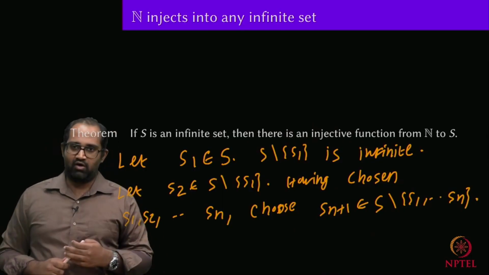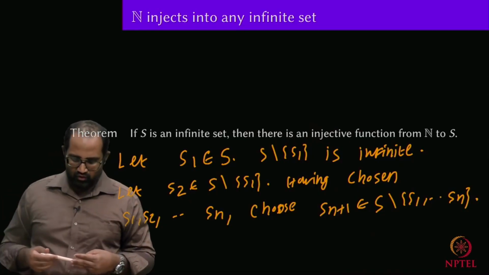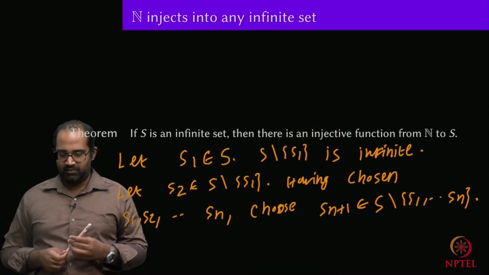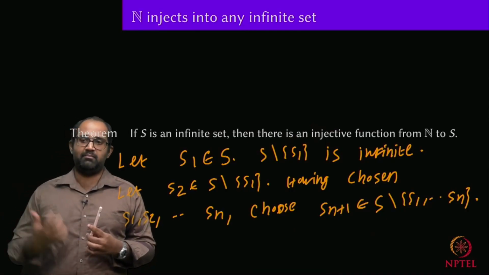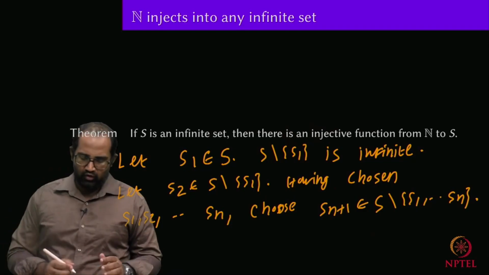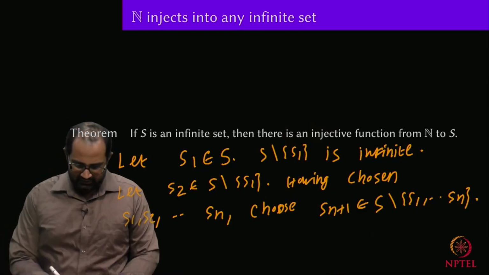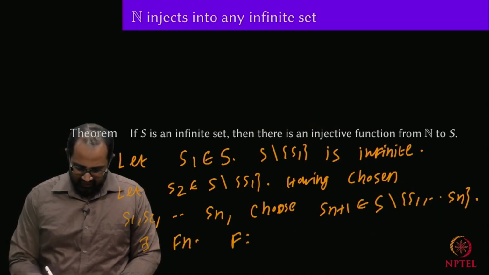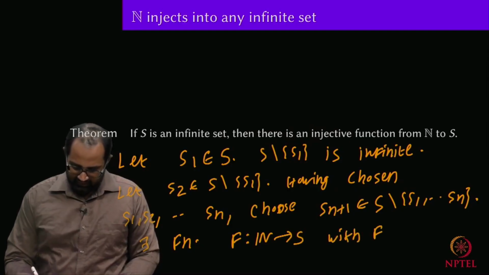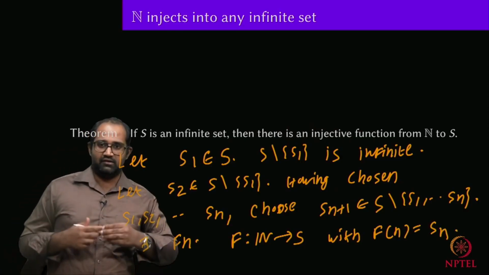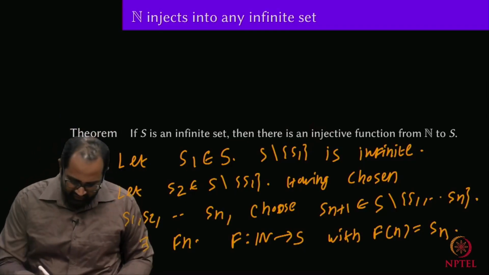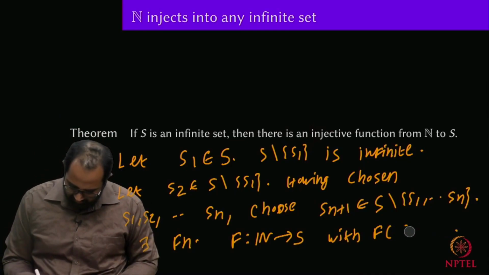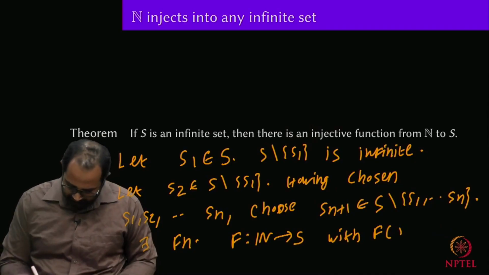You can always do this because we can repeatedly show that S minus the set with S1 to Sn is a non-empty set. Therefore, there must exist an element Sn plus 1. So, an easy argument using induction will tell you that there exists a function f from natural numbers to S with f of n equals Sn. That is, to be more precise, because n is already coming into the picture, this might be confusing, let me just say f of j equals Sj.